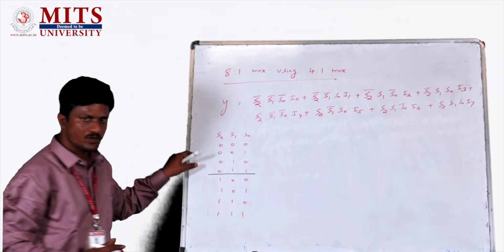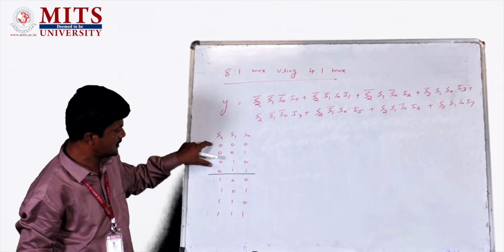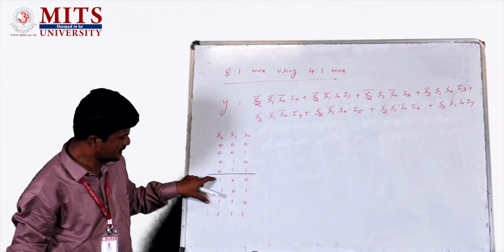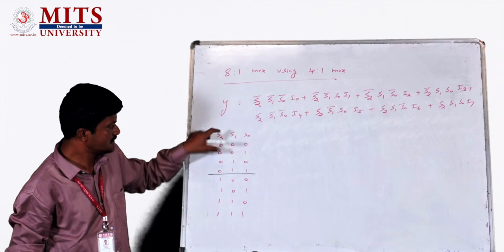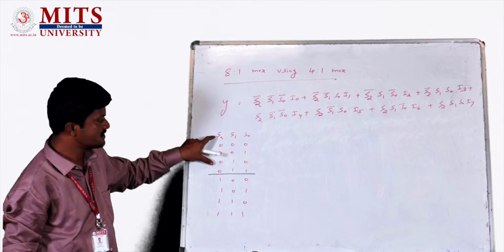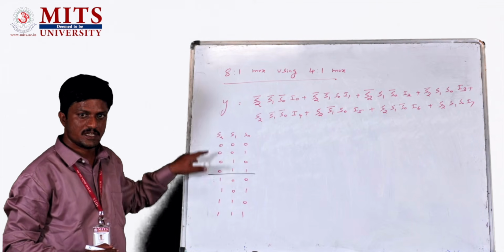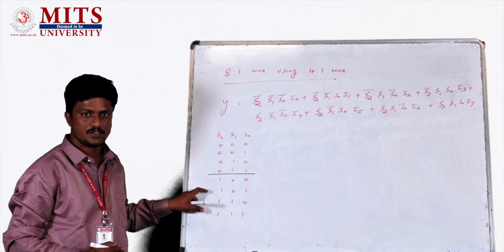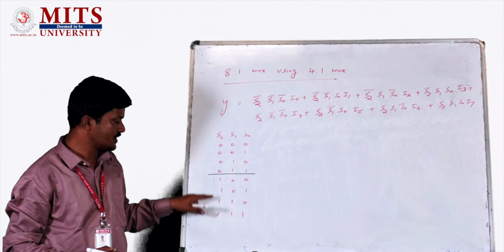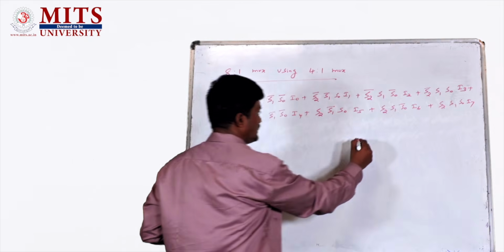If you observe closely, the first 4 combinations and the second 4 combinations have the same S1 and S0, and the only difference is S2. So from min term 0 to min term 3, S2 is 0. Min term 4 to min term 7, S2 is 1. So now I am expanding that.